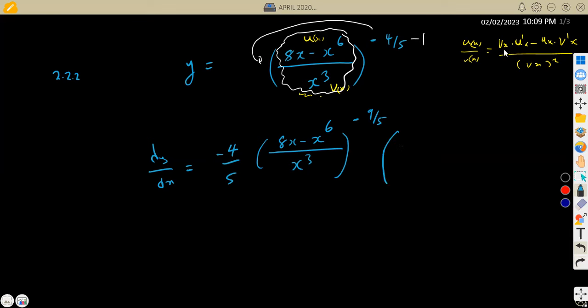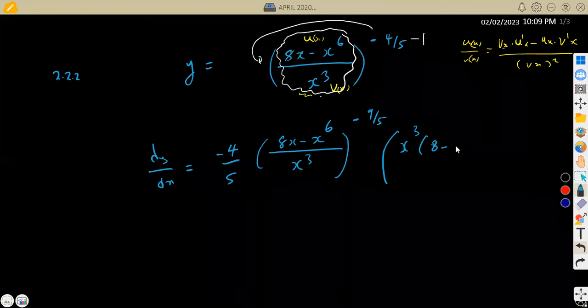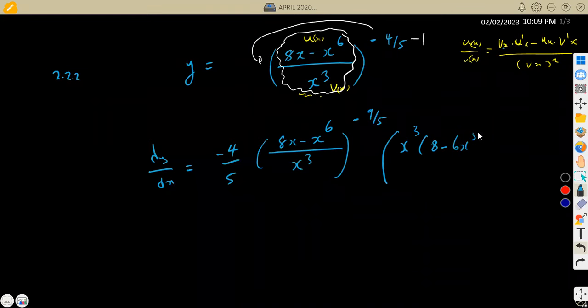We said this is v(x), which is x to the exponent of 3. So we've got x to the exponent of 3, then by the first derivative of u(x), which is u prime. You drop the exponent there, which is going to be negative 6x to the exponent of 5. Okay, so that's what we have.